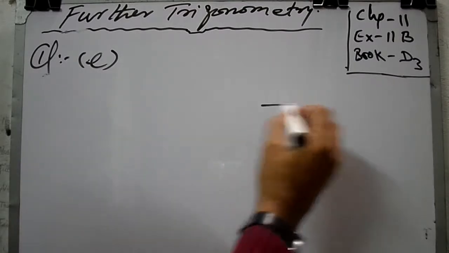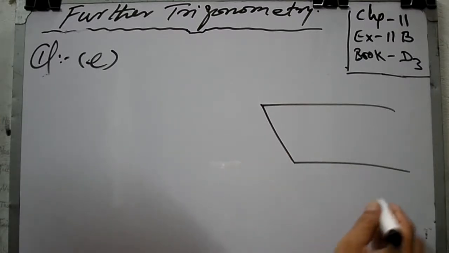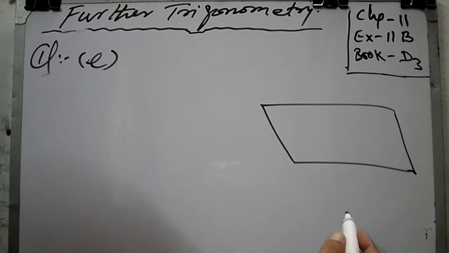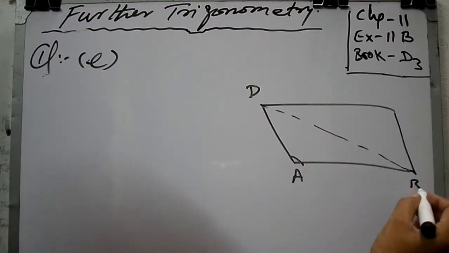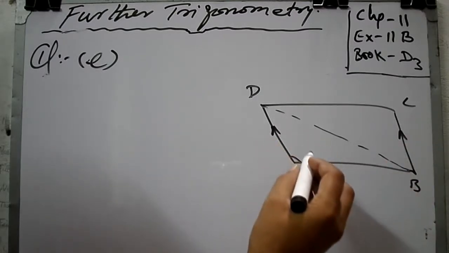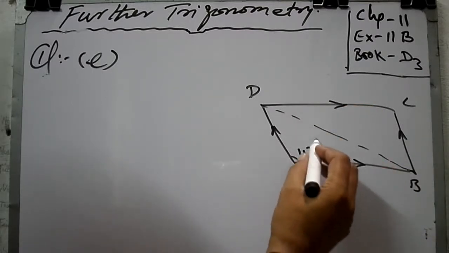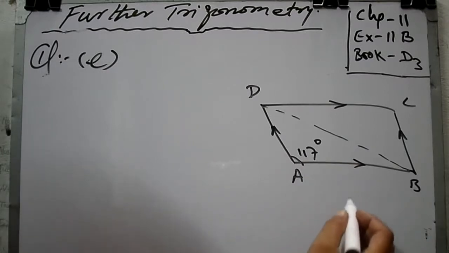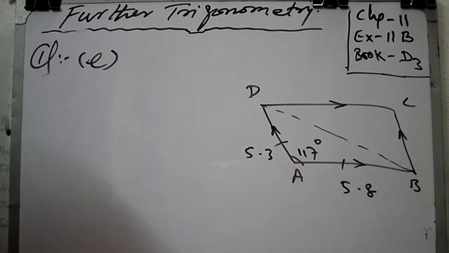You can see here, A, D, B, C, 117 degrees, 5.8 and 5.3. So we have to find the area of the parallelogram.